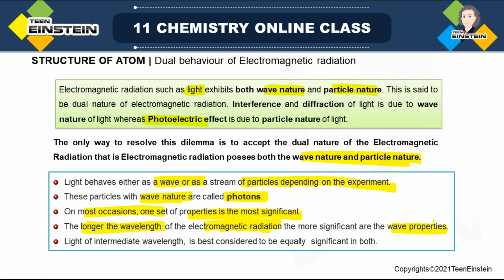On the other hand, if the wavelength is very short, that means very high energy, then particle property will be significant. And when it is an intermediate wavelength, it is best considered to be equally significant in both. These are the ultimate conclusions that we can draw based on the dual behavior of electromagnetic radiation.